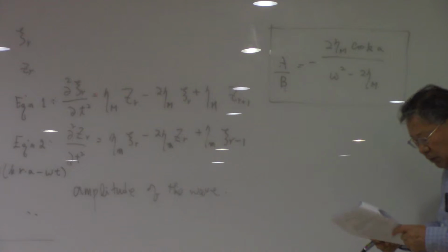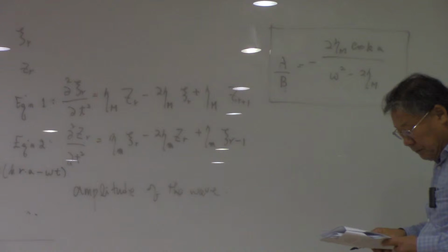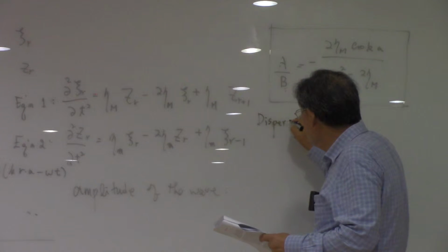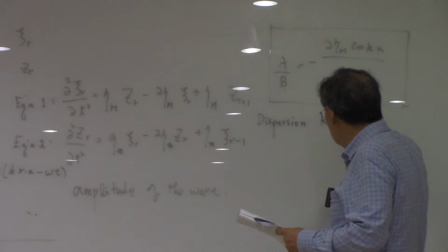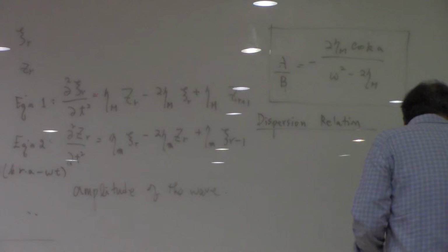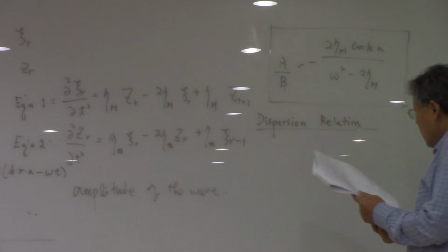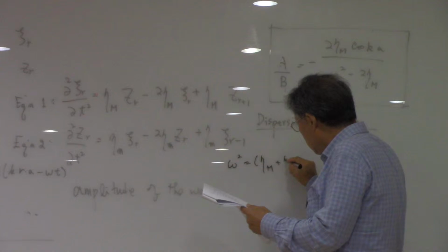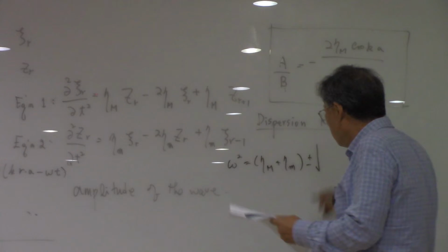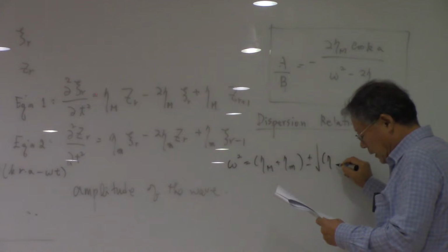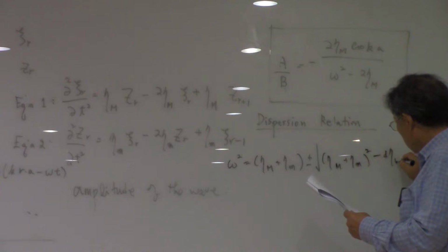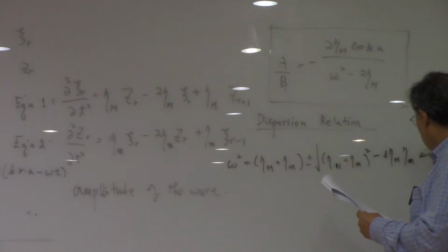And then the wave amplitude ratio will have this correlation. And the dispersion relation, you end up with omega square is equal to eta m plus eta small m plus minus root of eta m plus eta small m square minus 4 eta m small m sine square Ka.